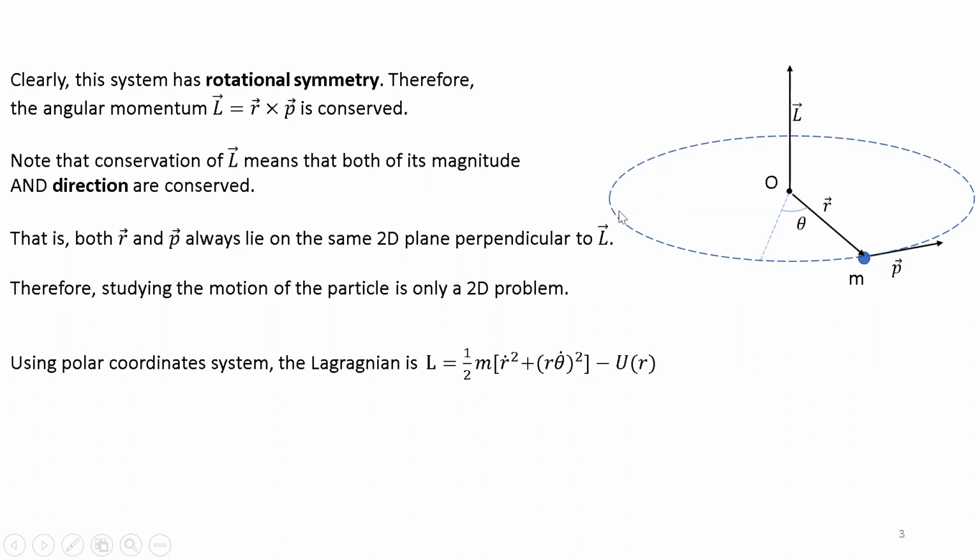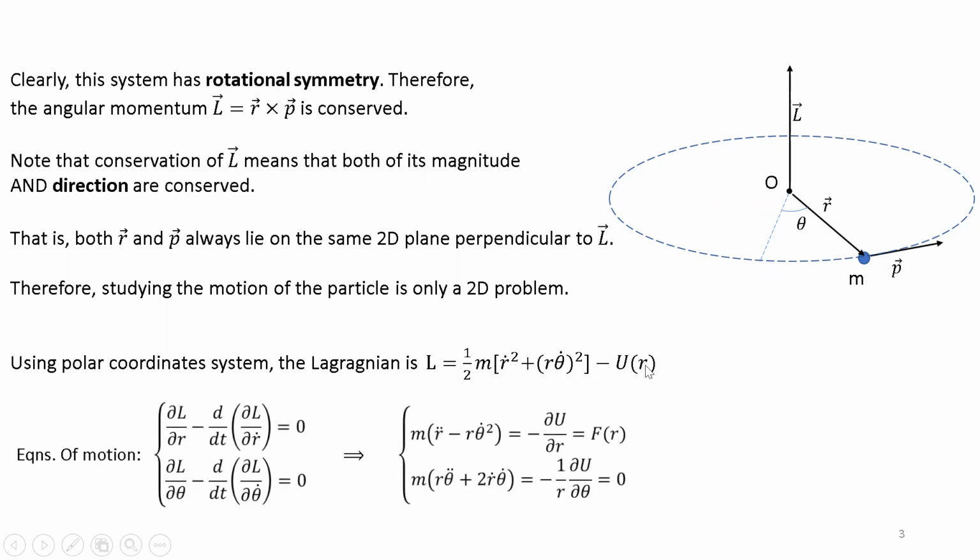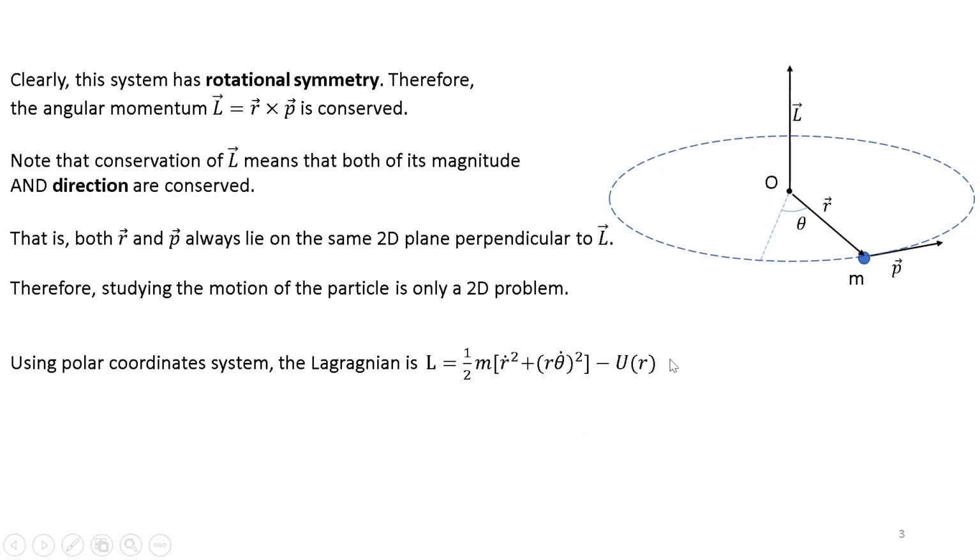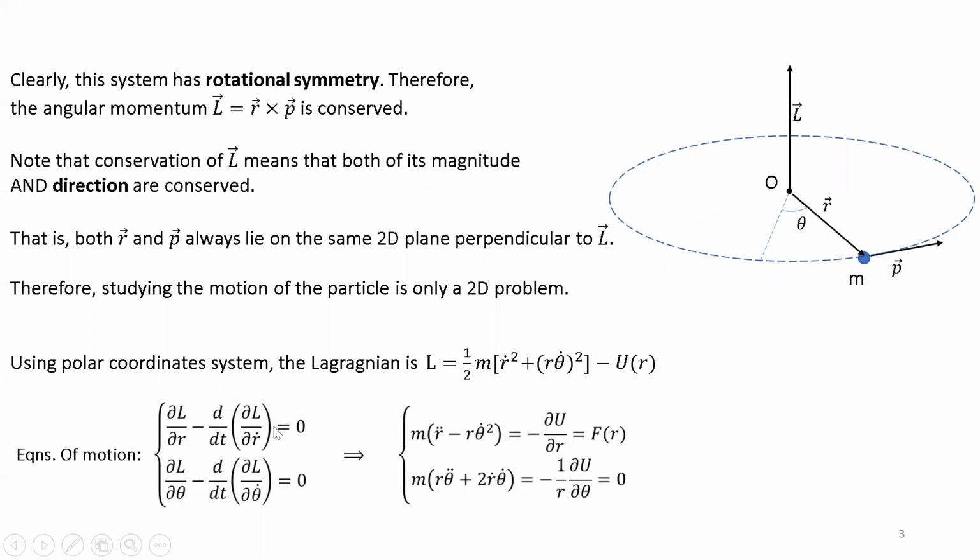So it's just a two-dimensional problem, and with this kind of central force, we immediately know that it is convenient to use the polar coordinate system, and the Lagrangian is written like this. For the equation of motion, if I write down the Lagrange equation, I again have these two equations over here.